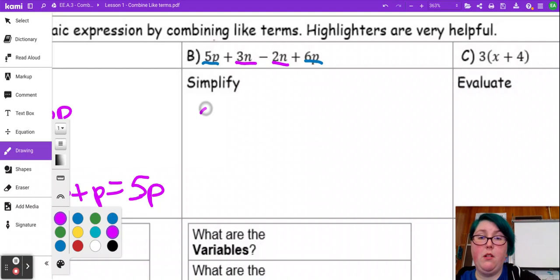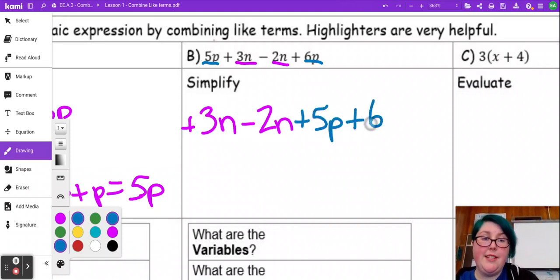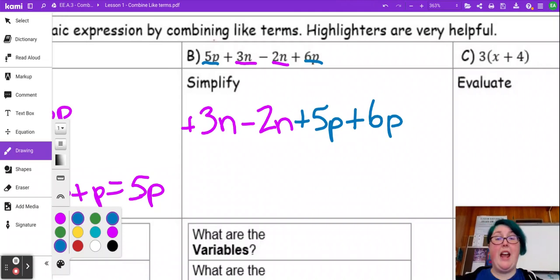So for example, this would be 3n, we know it's positive, minus 2n because that has to come with, and then we know if there's nothing in front, it has to be plus 5p plus 6p. So I have taken the exact same terms, I've just rewritten it, making sure I'm taking whatever is in front.